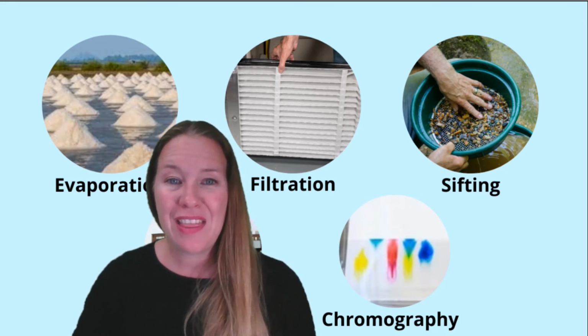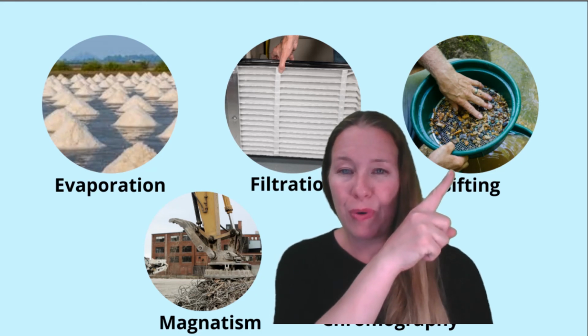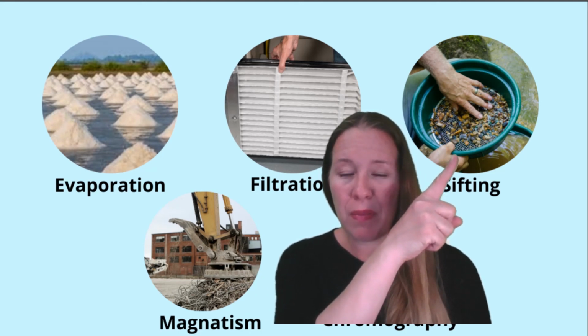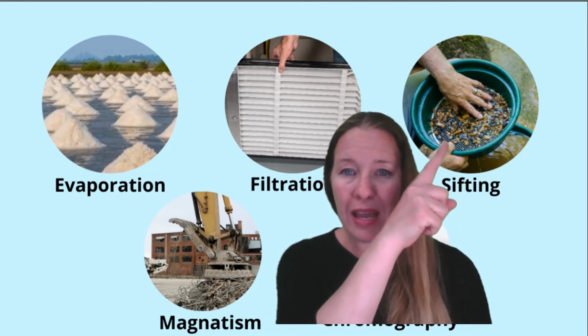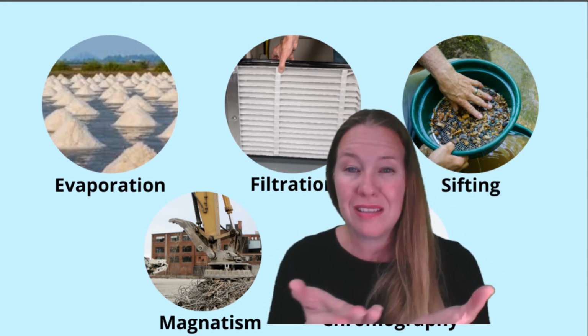Okay, then there's also sifting. So with sifting, you're able to separate larger particles from smaller particles by putting it through, do you see this mesh colander? Okay, so that's sifting.